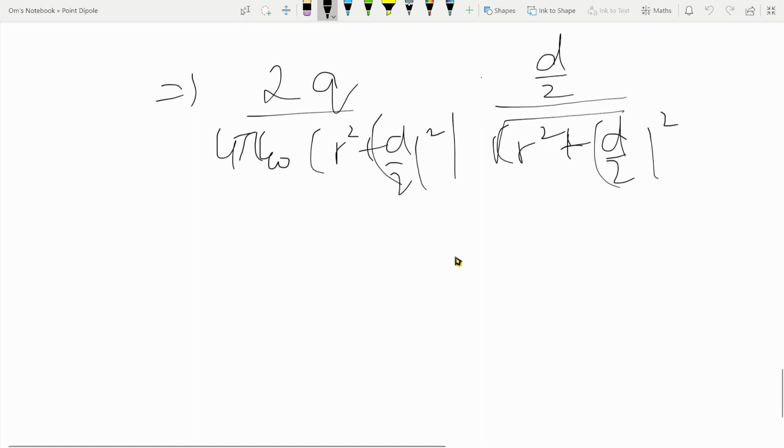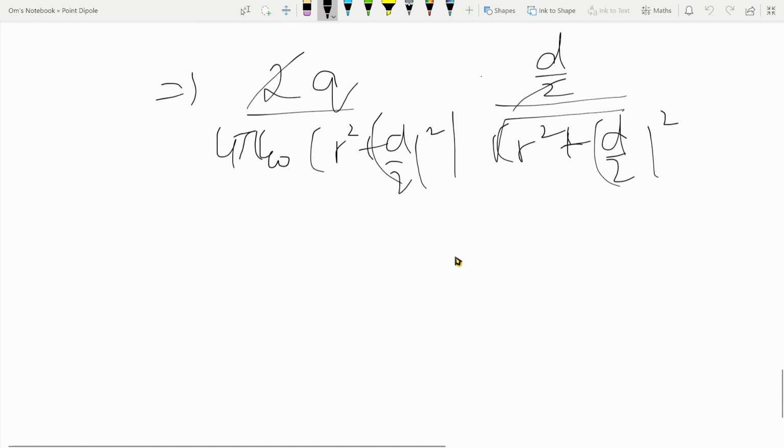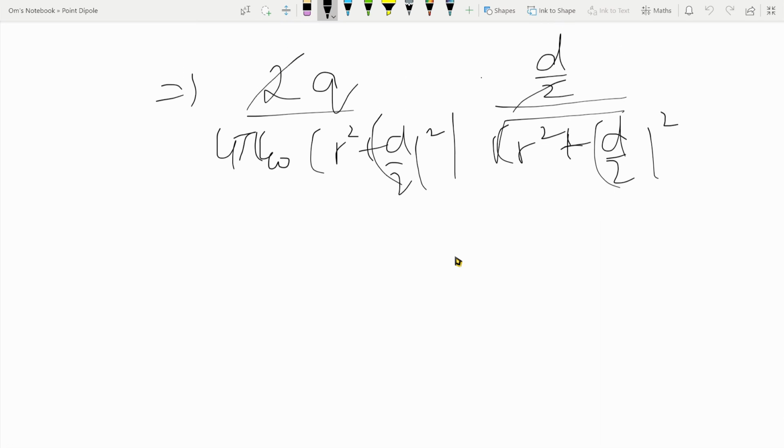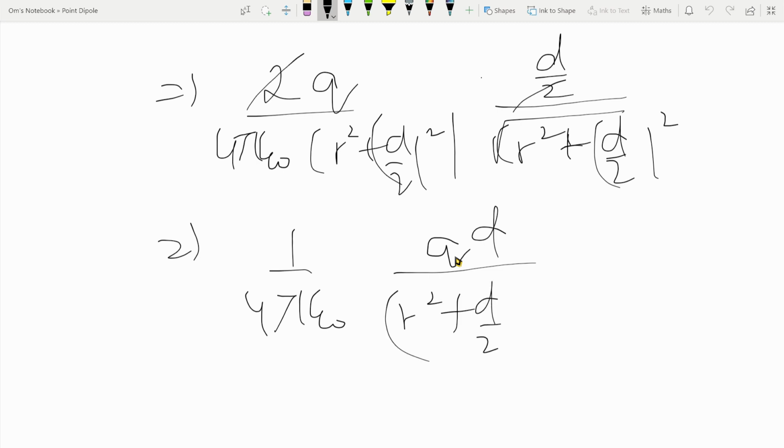If we further simplify this, I can cut this 2 over here, and the expression in the bottom, I can add that to it's 3 by 2 power. So this will turn out to be 1 by 4 pi epsilon naught times q d by r square plus d by 2 the whole square, or it's not whole square, it's actually 3 by 2 over here. It's r square plus d by 2 the whole square, with the whole thing raised to 3 by 2.